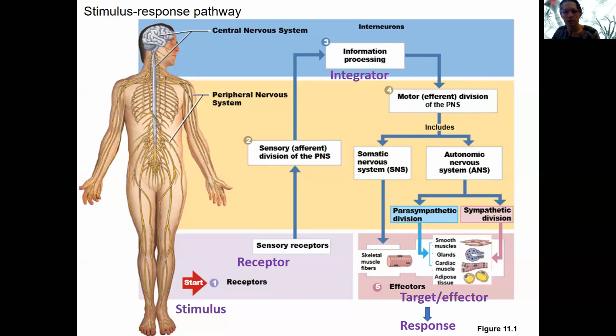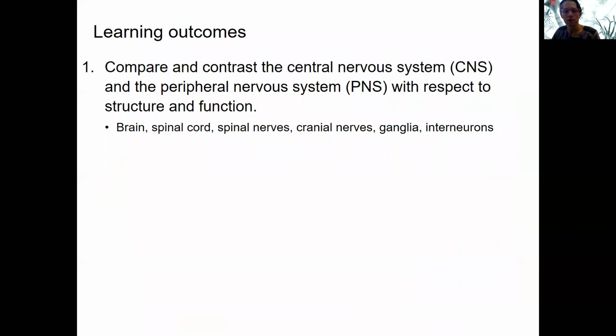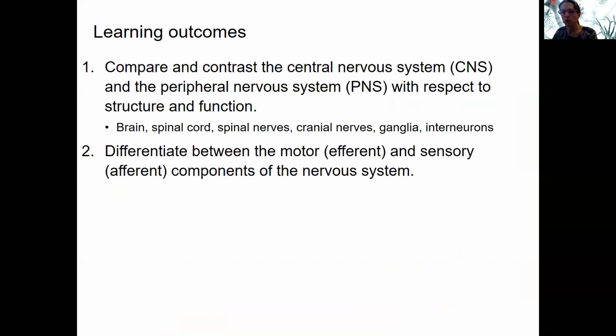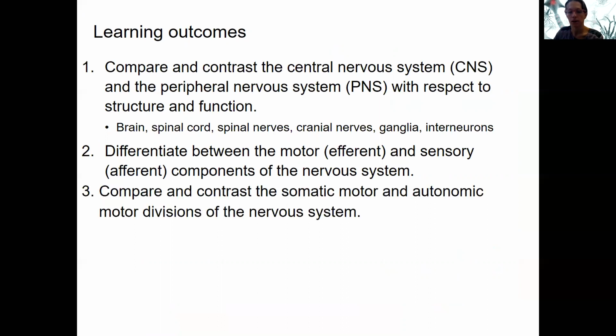Okay, so what we've done here so far is compare and contrast the central nervous system and the peripheral nervous system with respect to structure and function. We've differentiated between the motor or efferent division and the sensory or afferent division. We compared and contrasted somatic motor and autonomic motor system divisions of the nervous system. This is one we did fairly briefly. We'll get more into detail in it when we talk about each of these separately, which we will do.